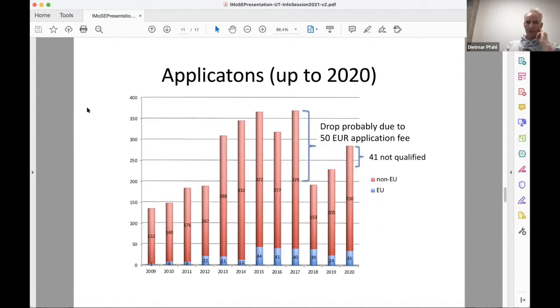Then this made a little drop in the applications, but since then, as you can see here, the applications are growing, and we expect again more than 300 applications in the next round. Since there are only 55 seats to be filled, that means that 1 out of 6 applicants on average gets a seat in the program. So you see it's quite competitive.